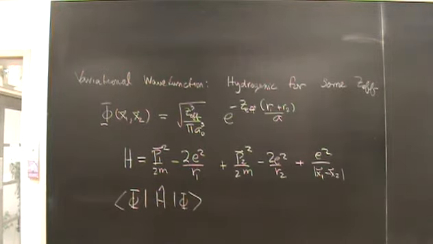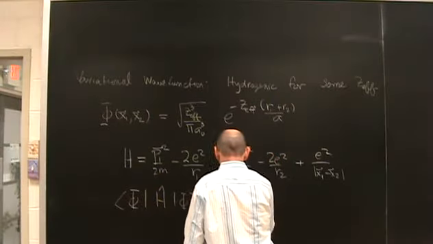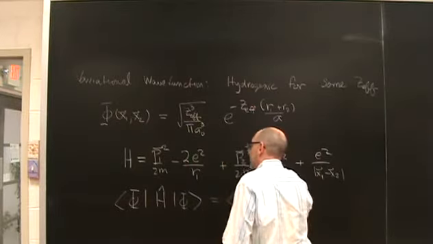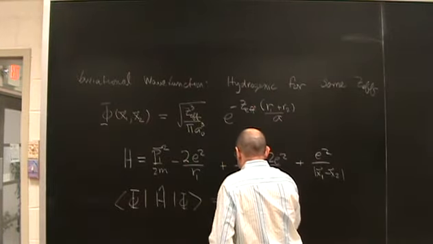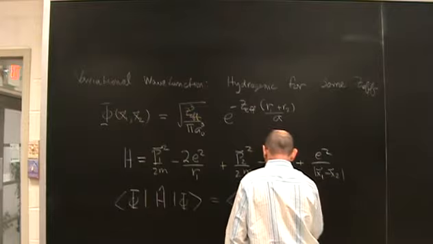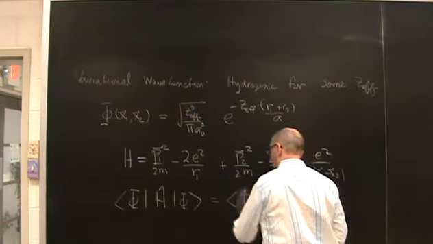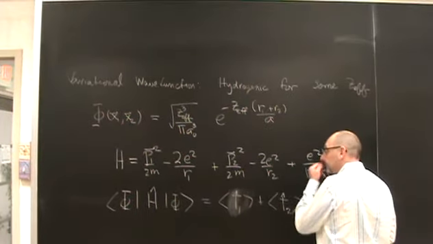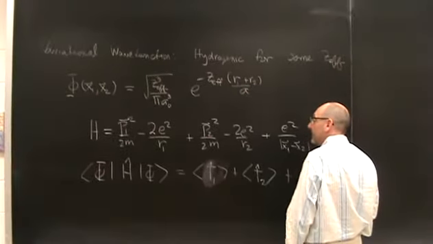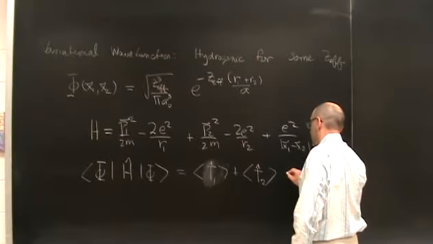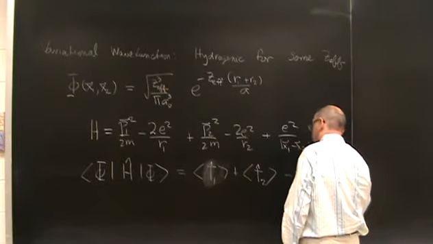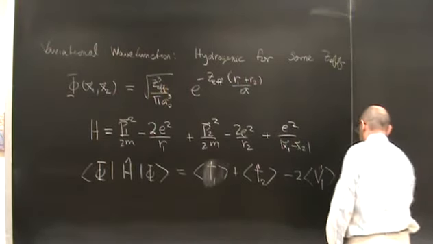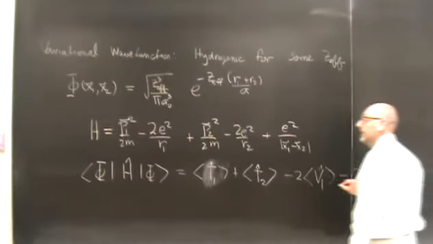Now, how am I going to do that? So this is equal to, I'll write it in the following way. It's the kinetic energy of particle 1, electron 1, kinetic energy 2, right? Then I have minus 2, I'll explain what I'm writing now in a second, the potential energy.